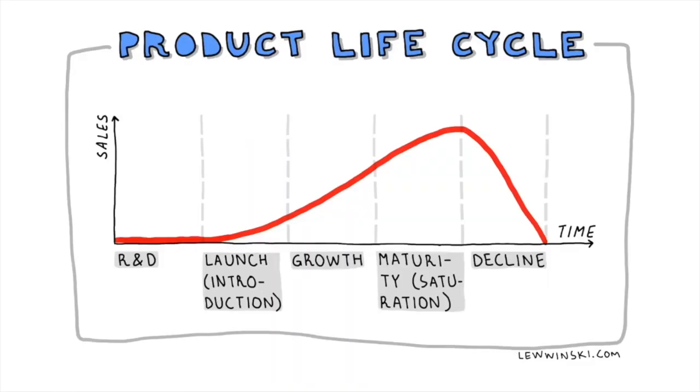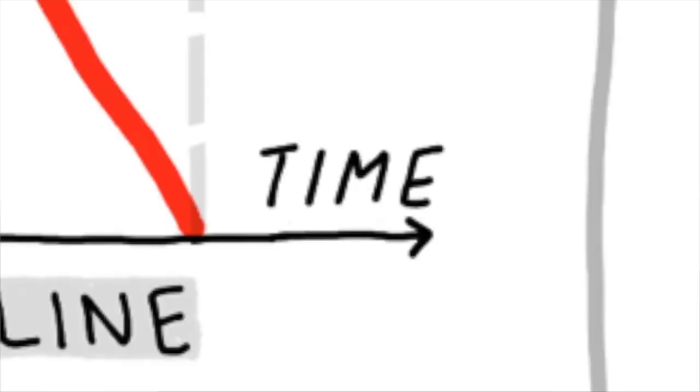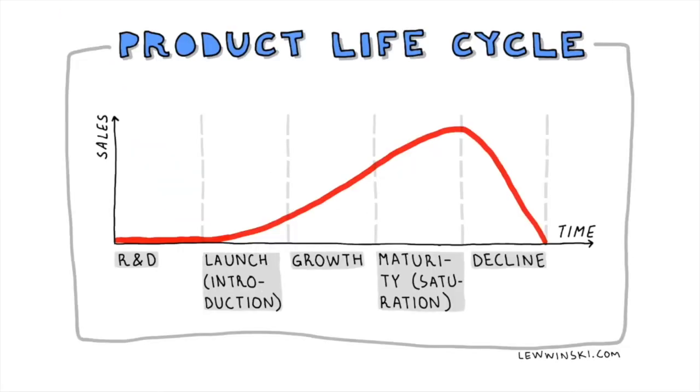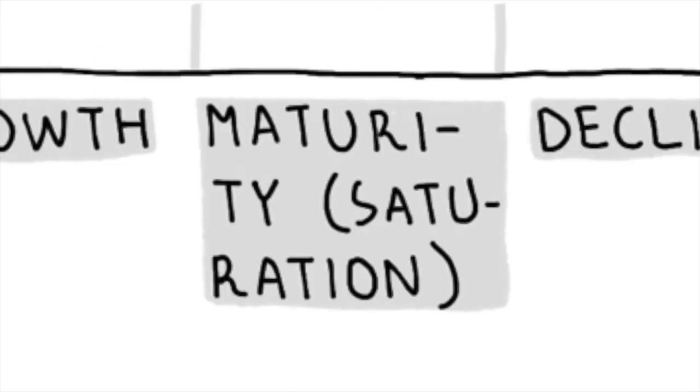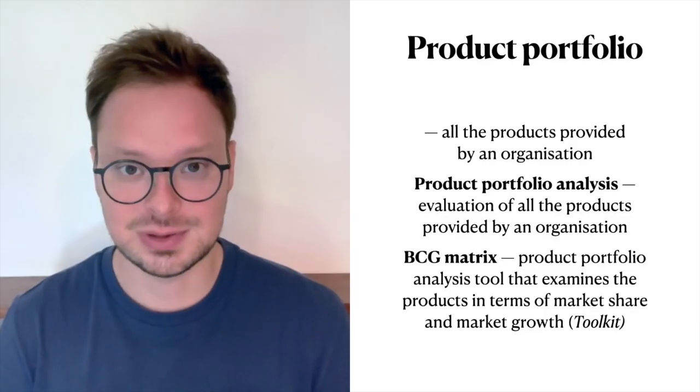As you can see in this picture, there are 2 axes on this chart, sales and time. And there are 5 stages of product lifecycle: R&D, research and development, launch or introduction, growth, maturity or saturation, and decline. So now you have a basic understanding of what product lifecycle is. The next item on the list is product portfolio.